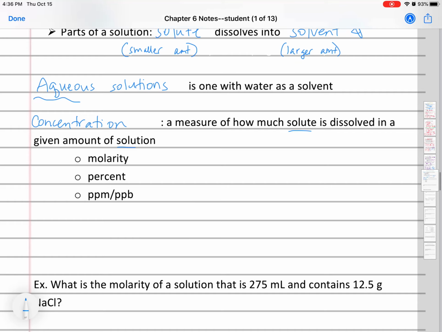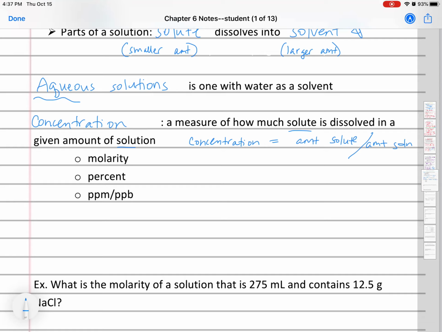We could write this out as an equation: concentration equals amount of solute per amount of solution. But this amount can be measured in different ways. We could measure the amount by mass, by volume, or by number of moles.